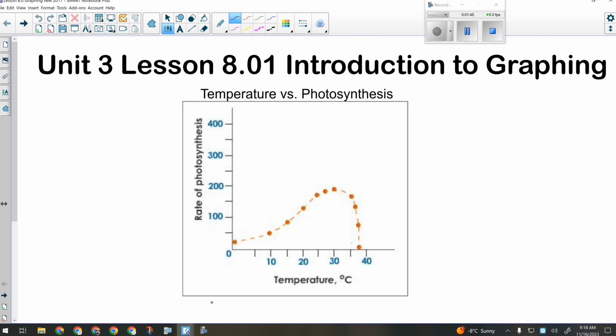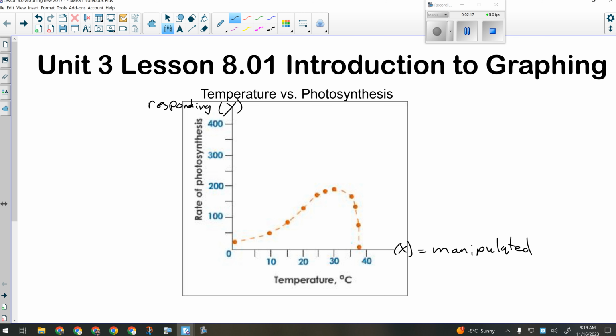Your manipulated variable always goes on the x-axis. Your responding always goes on the y. That way, you can see if the manipulation you made had any effect or any response from the responding variable.